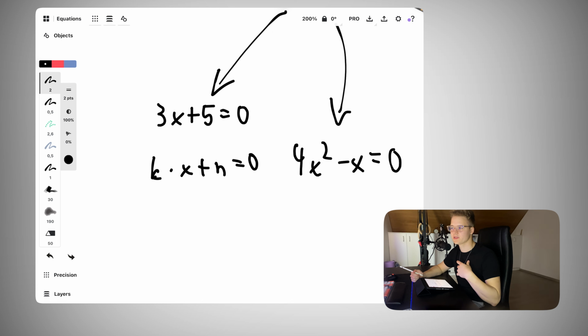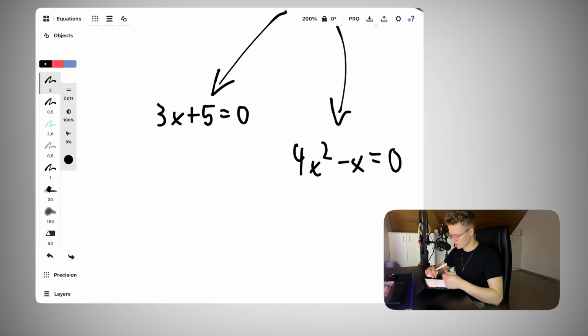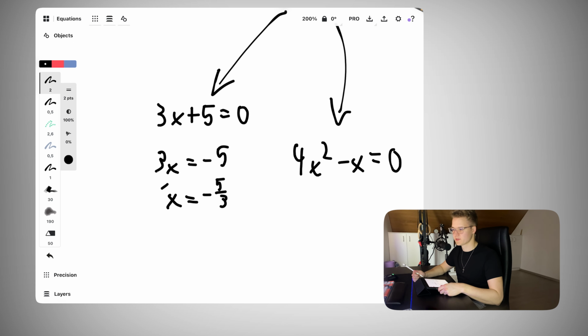Now what do we do with this information? Well, we want to solve for x, so we're going to take the term that doesn't have an x next to it to the other side. So we get 3x equals minus 5. And then we divide by the term that we have next to x, in our case 3. So x equals minus 5/3.